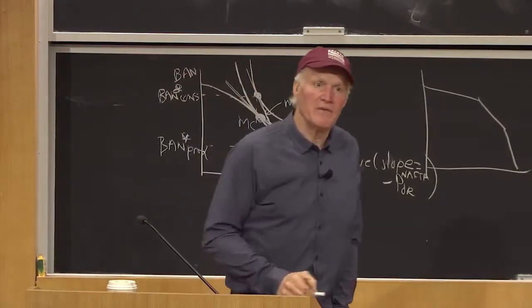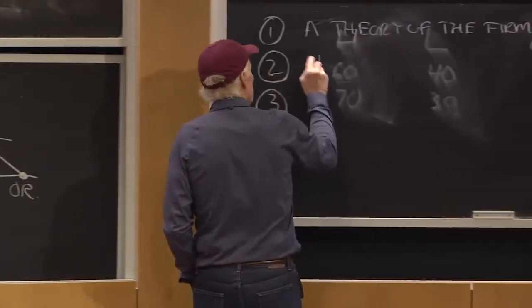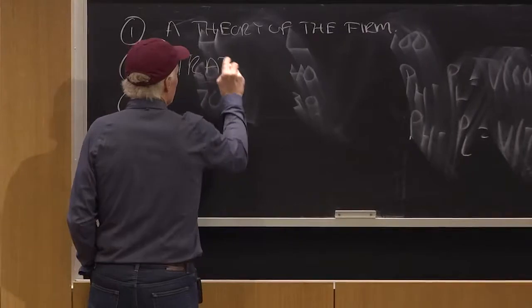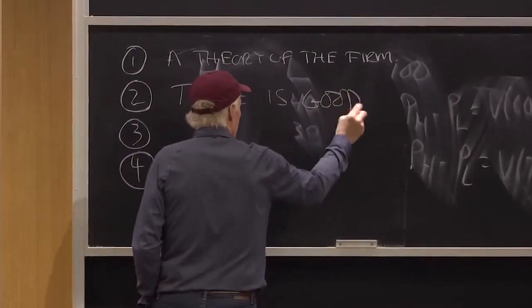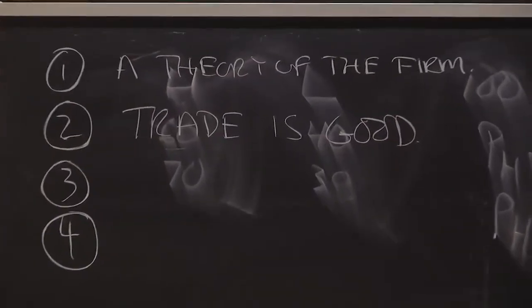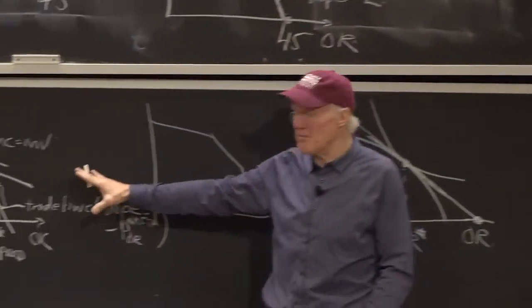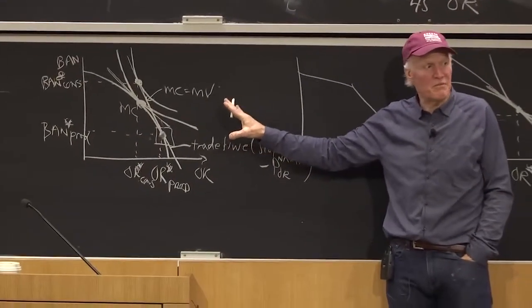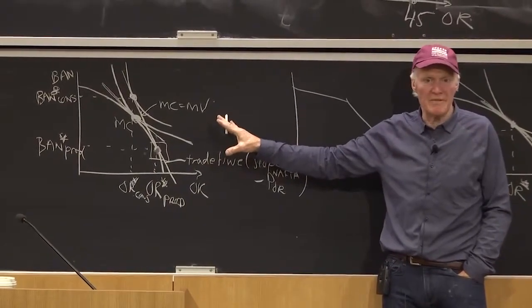What else do we learn? Yeah, that's another good one. Trade is good. That's exactly how I would say it. Trade is good. Right? This is another fundamental piece of economics. You ask why I do such a simple model. The reason is it produces some very important results in economics.